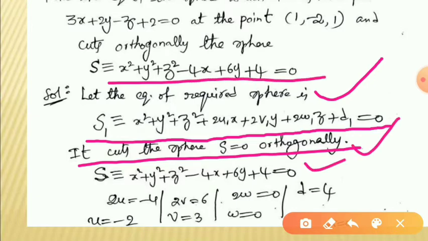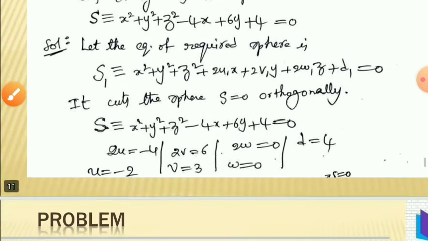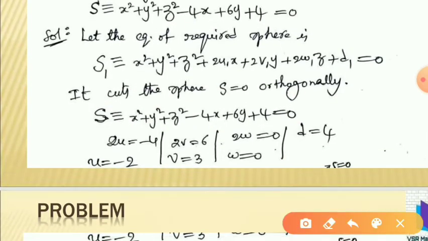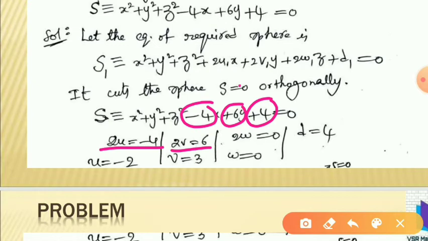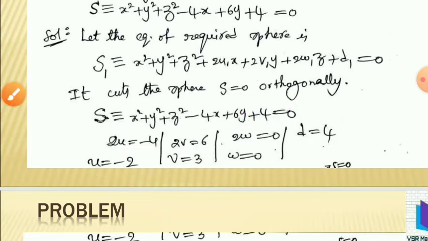So S = 0 is the equation of the given sphere. For this sphere, 2u = -4, 2v = 6, 2w = 0 because there is no w term, and d = 4. Therefore u = -2, v = 3, w = 0, d = 4.